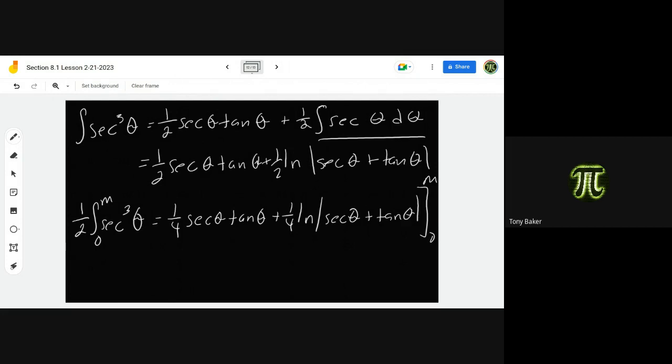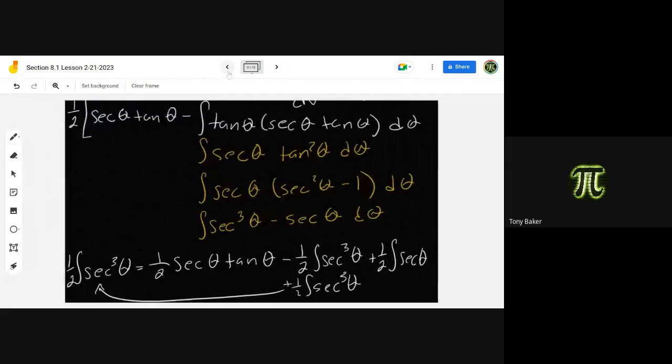So we have to half the thing. If I didn't put the 1/2 here, when I brought it over, it would have been 1/4 to begin with.